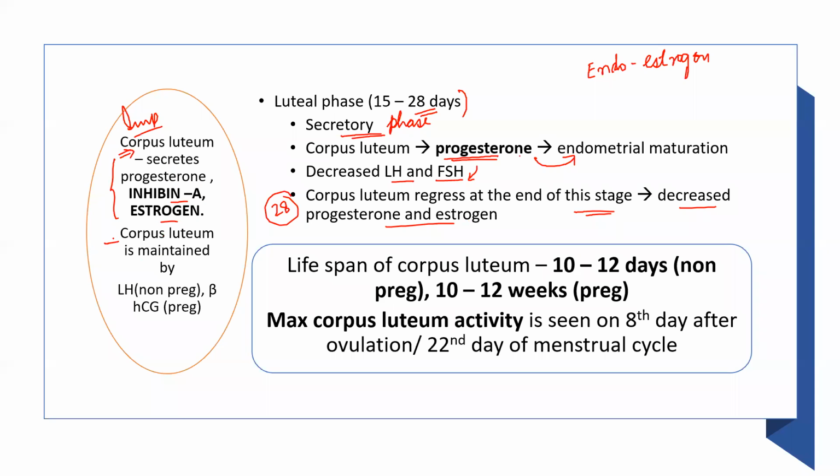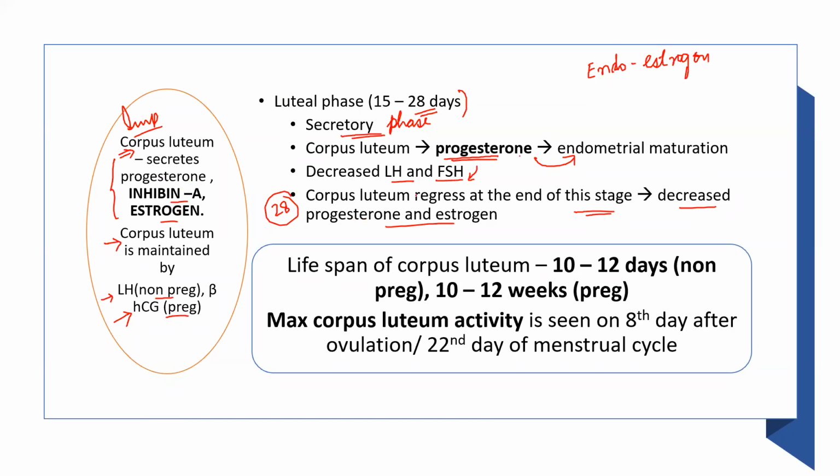But the corpus luteum is maintained, in a non-pregnant state, by LH, and in a pregnant state, by HCG. So these are the two things which you need to know about the corpus luteum. It is maintained by LH in the non-pregnant state and HCG in the pregnant state, and it secretes progesterone, inhibin A, and estrogen.